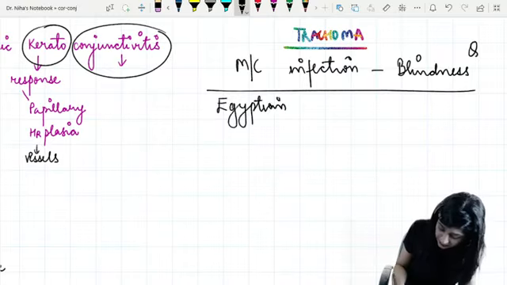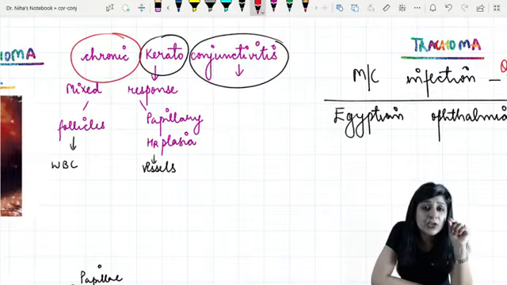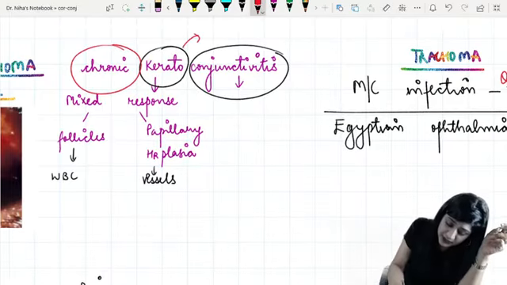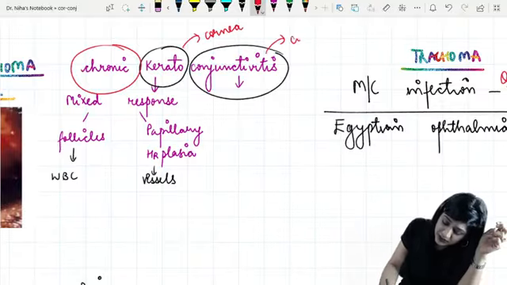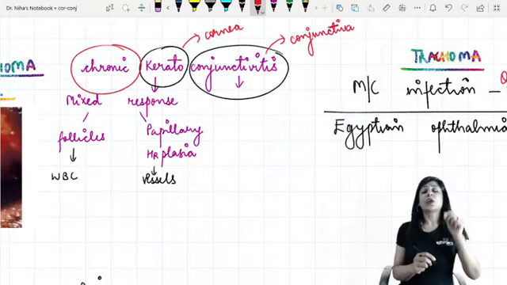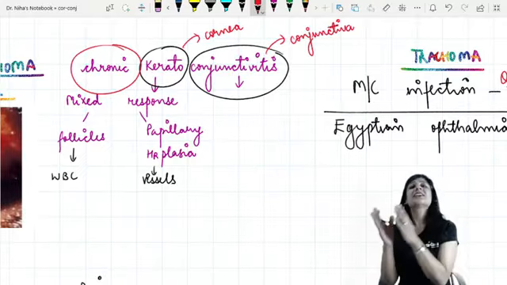Like if I talk about bacterial or viral infections, they were your acute keratitis. But when we talk about trachoma, it is the chronic keratoconjunctivitis. Kerato means the cornea is involved and conjunctivitis means the conjunctiva is involved. So basically it is a condition where both cornea as well as conjunctiva are involved.